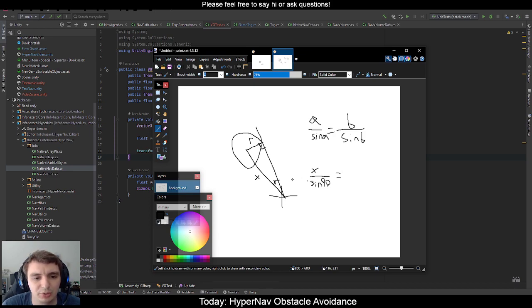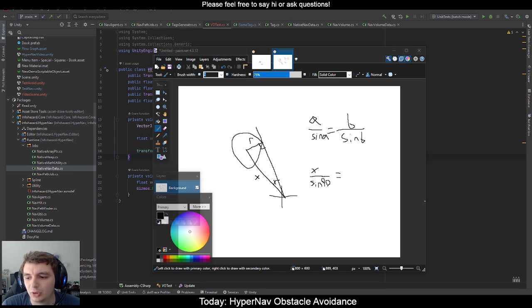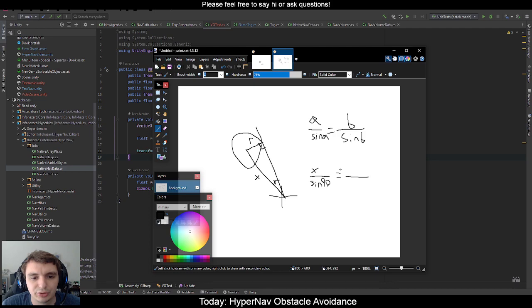No, the sine of 90 is 1. That equals r over sine of the desired angle.